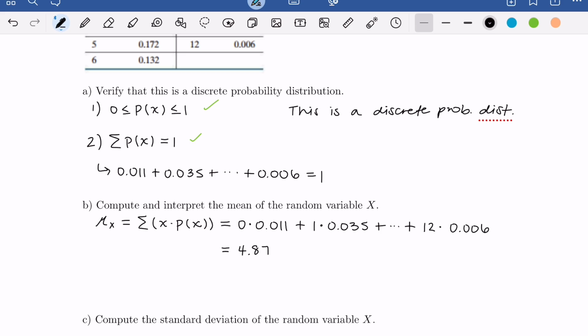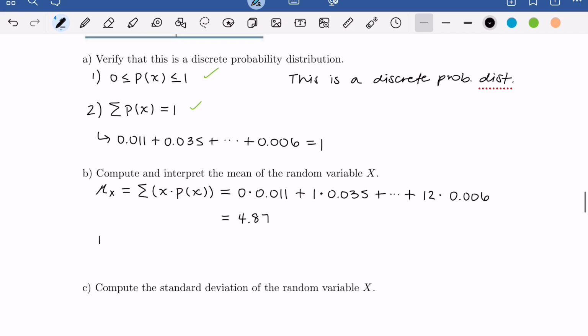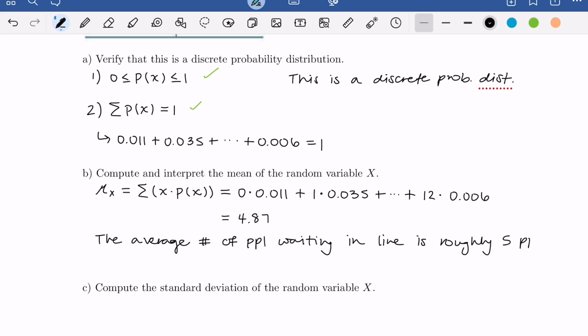So this means that the average number of people waiting in line is observed to be about 5 people. So we'll write that here. So roughly, 5 people.